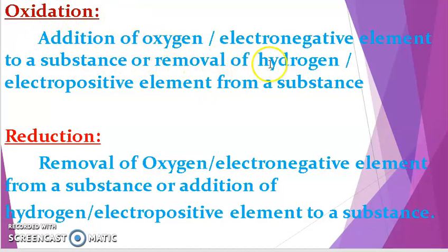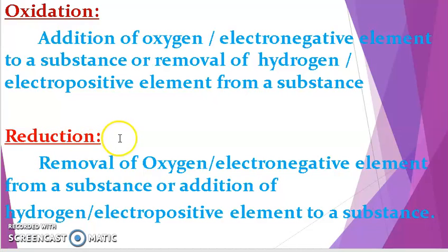Otherwise, if there is removal of hydrogen or an electropositive element from the substance, that is also an oxidation reaction. So addition of oxygen or an electronegative element, or removal of hydrogen or an electropositive element, is oxidation.